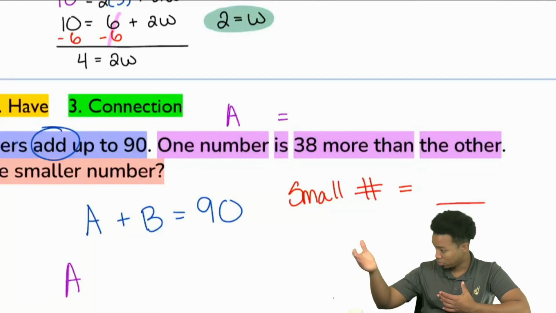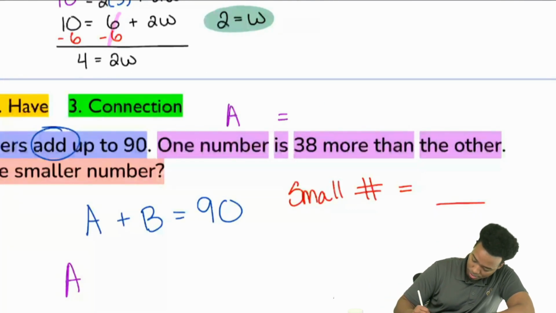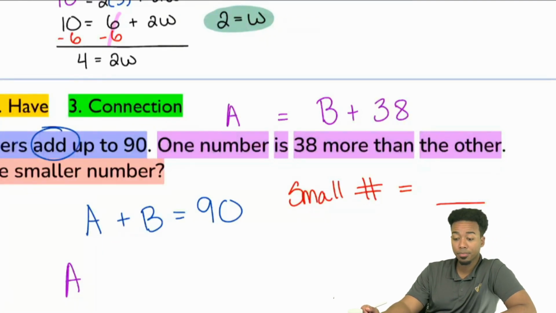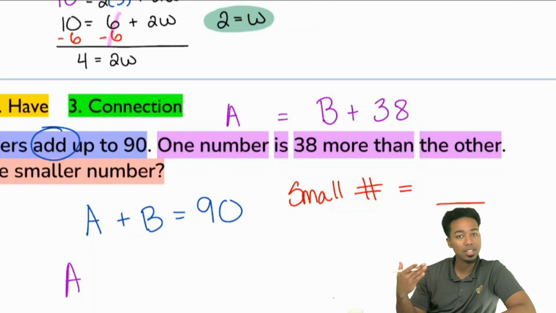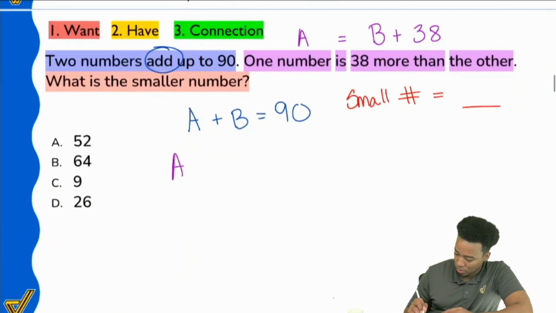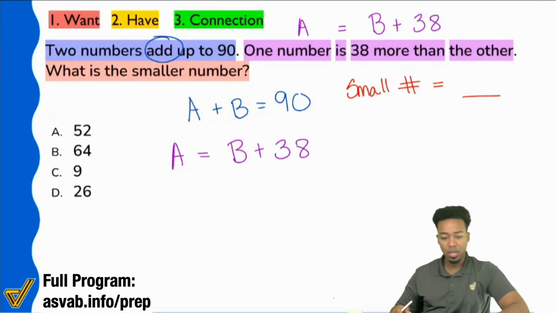Start with B, go 38 more than that. Is that fair to you? Boom. So there you go. You have the other equation, the other relationship that you can form, and that's going to turn into, right over here, A again equals B plus 38.